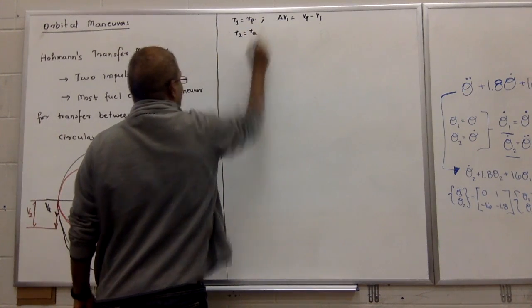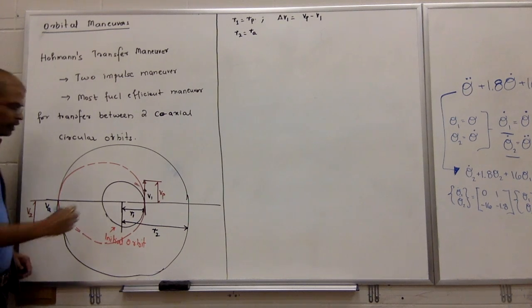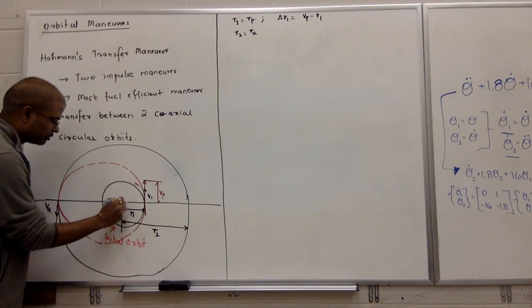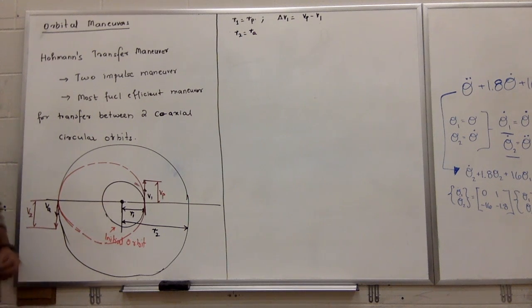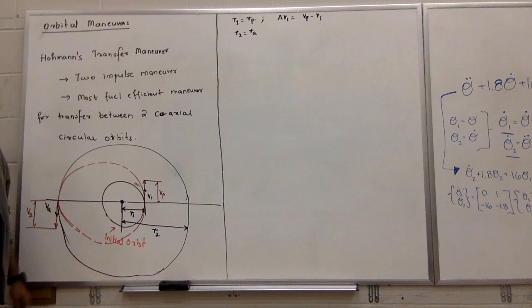This is RA. It's VA and VP. What is this point? The focal point, the occupied focus.